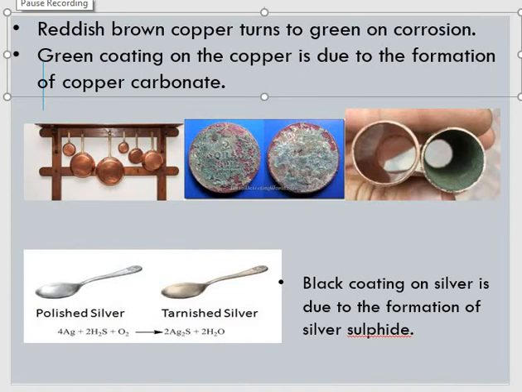Let's see some more examples. Reddish brown copper turns to green on corrosion. The green coating on the copper is due to the formation of copper carbonate. Another example, silver. The polished silver turns to tarnished silver on corrosion. The black coating on silver is due to the formation of silver sulfide.